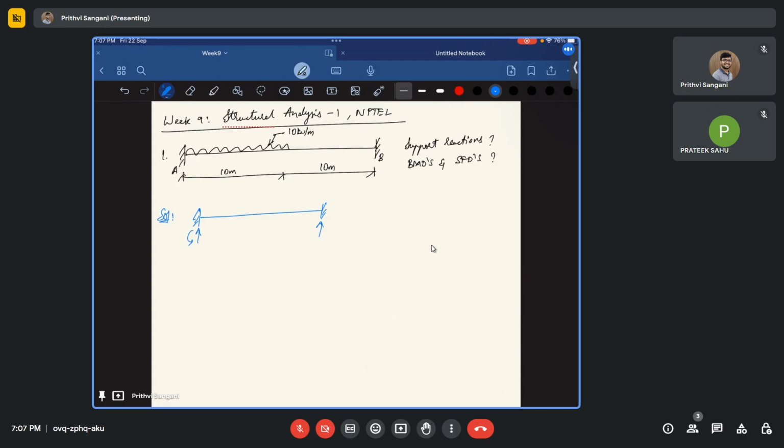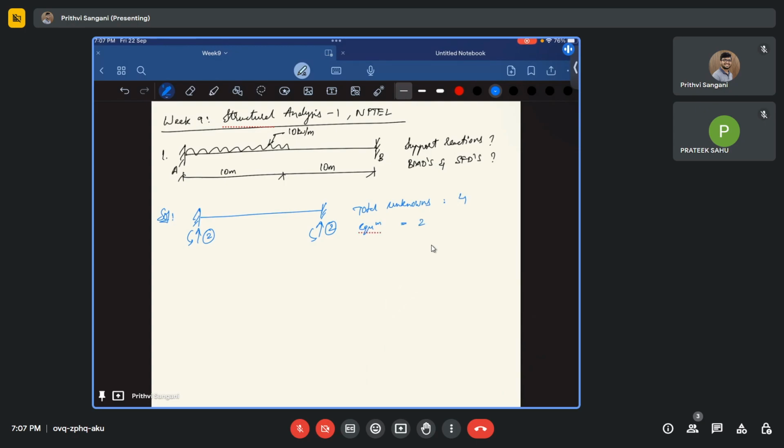Similarly, on the other end you have the same vertical reaction and bending moment. So we have two unknowns at one support and two at the other, so the total unknowns are four.